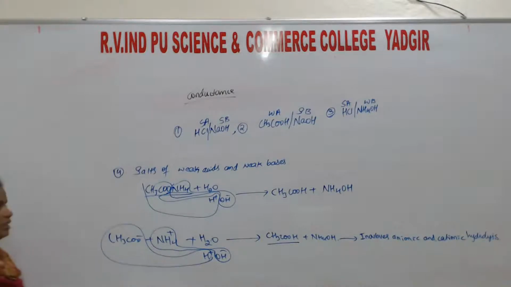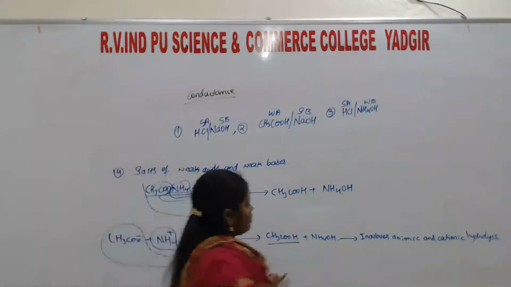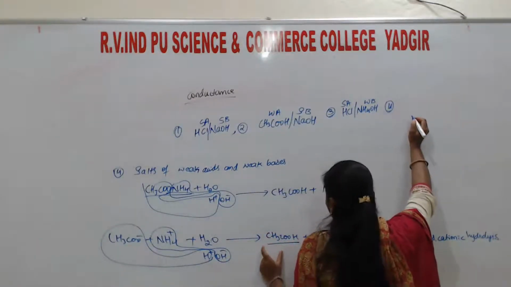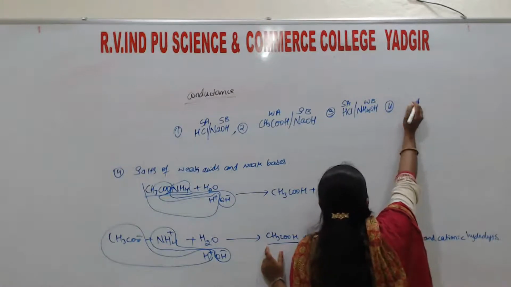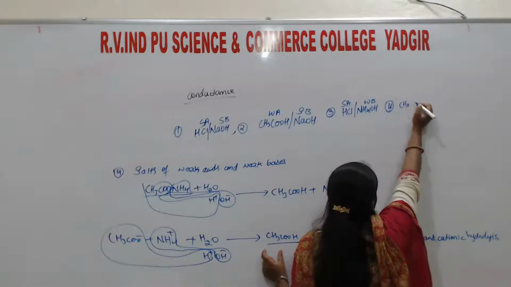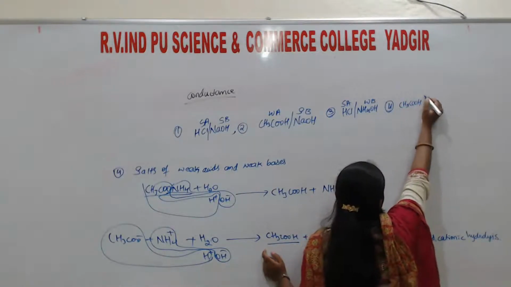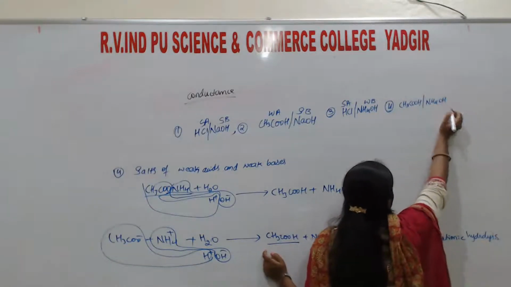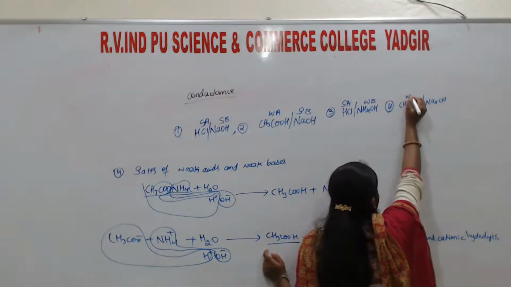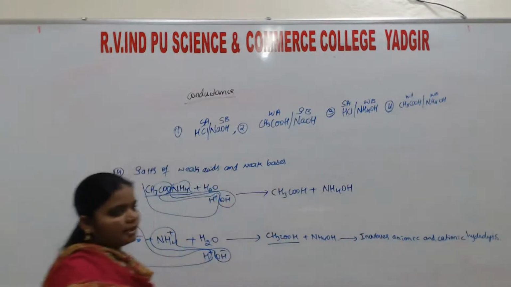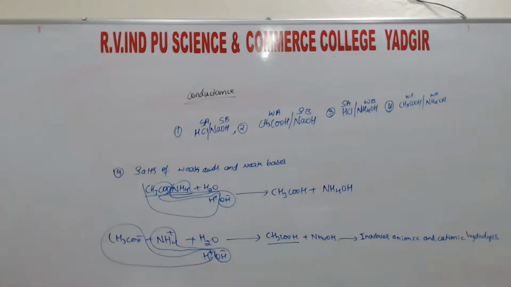And the fourth one, the last one, is weak acid, weak base, CH3COOH and NH4OH. This is a weak acid versus weak base. These are the examples for conductometric titrations.